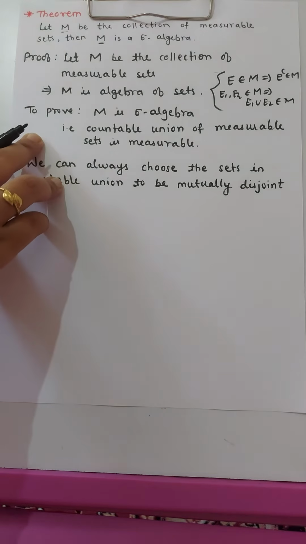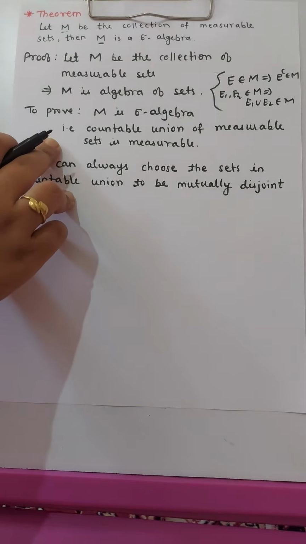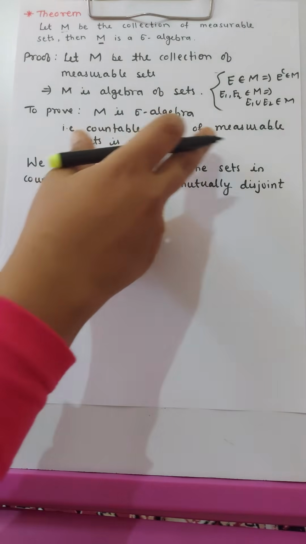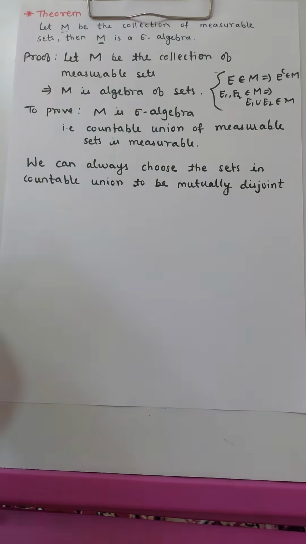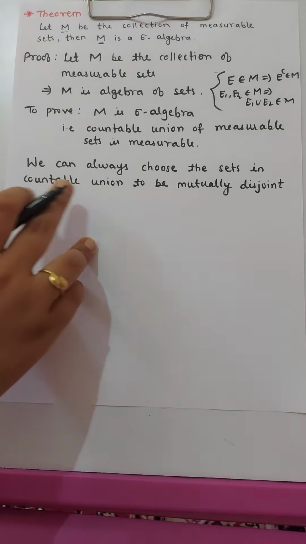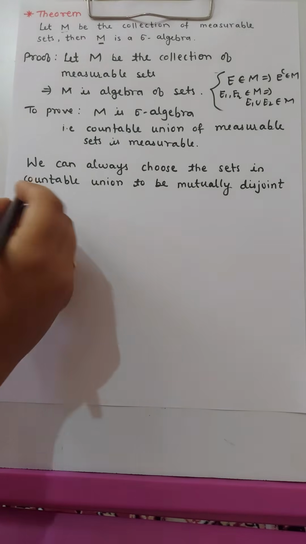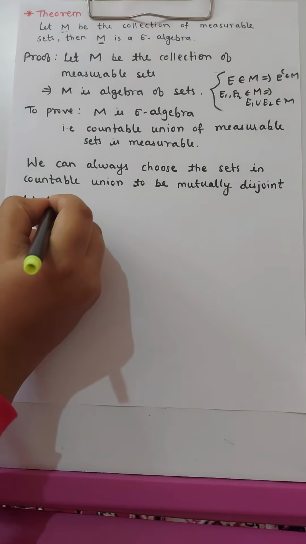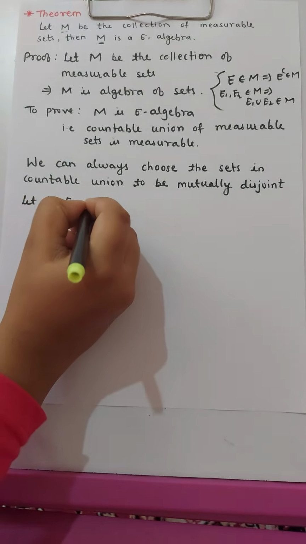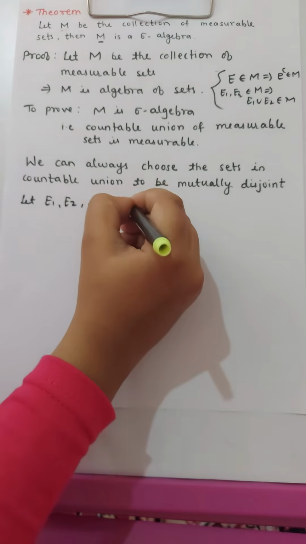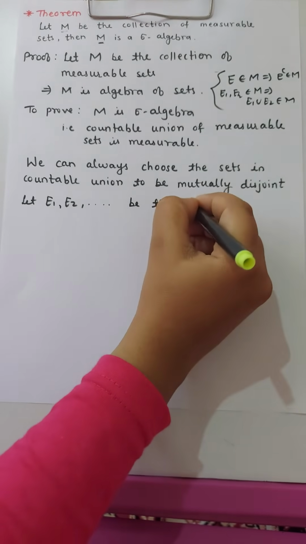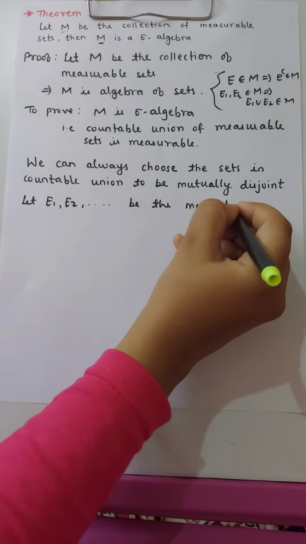Now we have to prove that M is a sigma algebra, that is, by definition, a countable union of measurable sets is measurable. We can always choose the sets in the countable union to be mutually disjoint. So let E1, E2, and so on be mutually disjoint measurable sets.